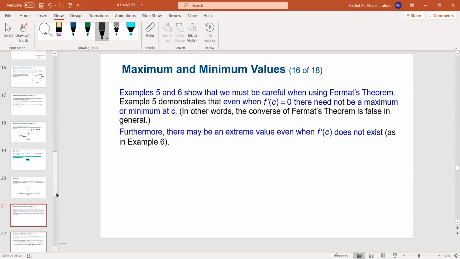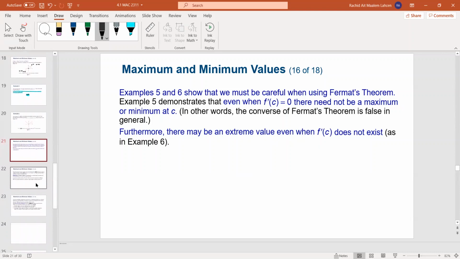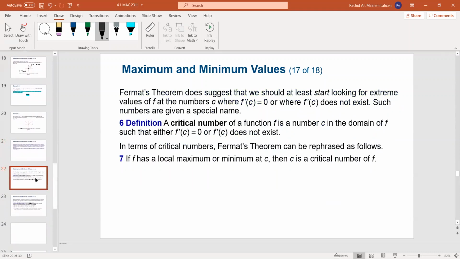Right, so we need to be careful when we use Fermat's theorem. However, it does suggest that we should at least start looking for extreme values at those numbers c where f prime of c does not exist.